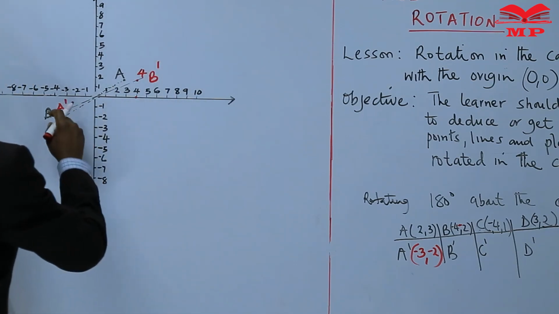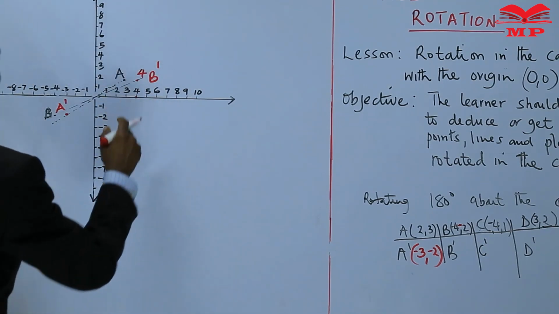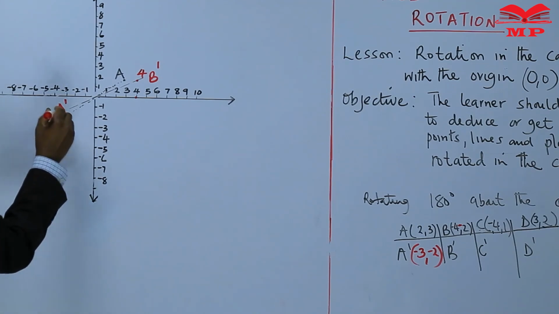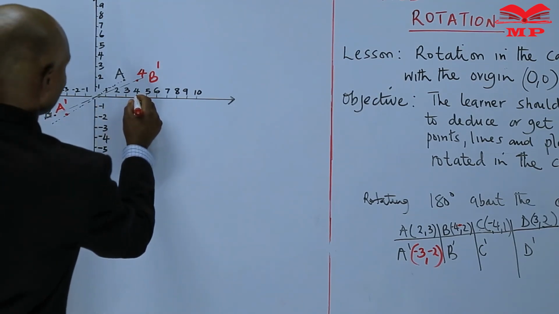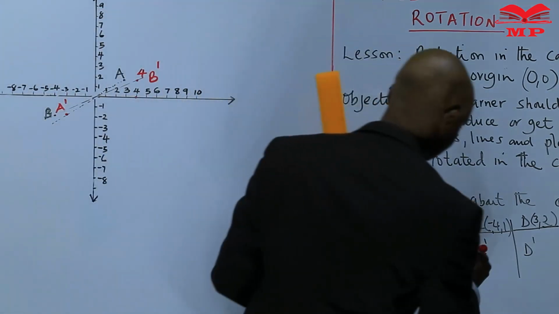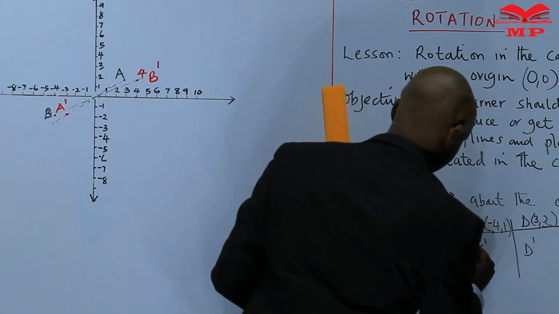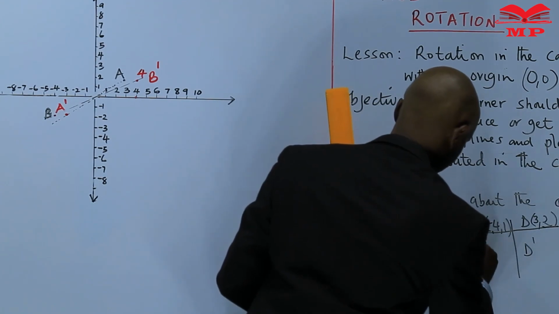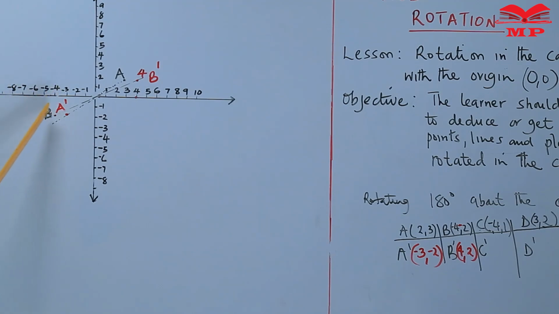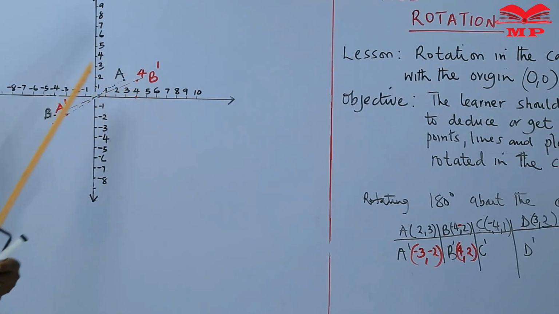It is like a half turn, whether you go anticlockwise or clockwise. So if you have negative 4, 2, you'll come and have positive 4, negative 2. A half turn.